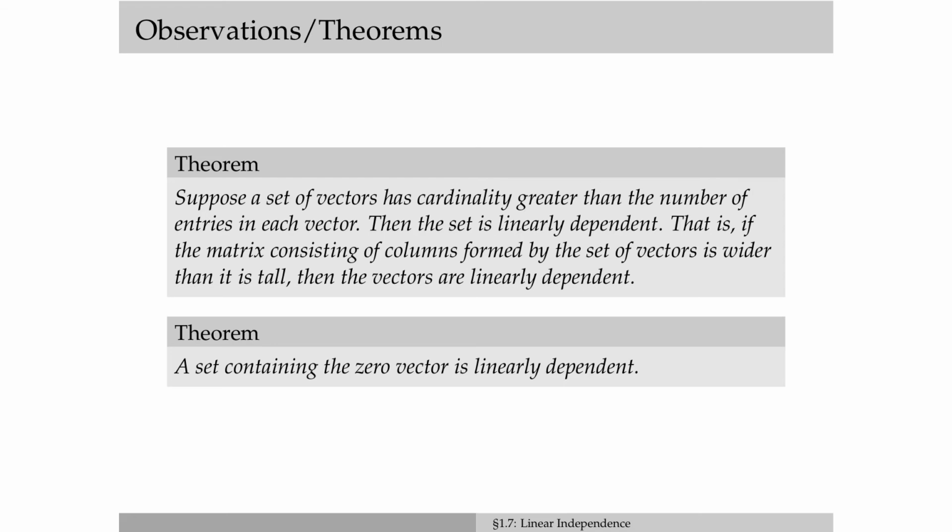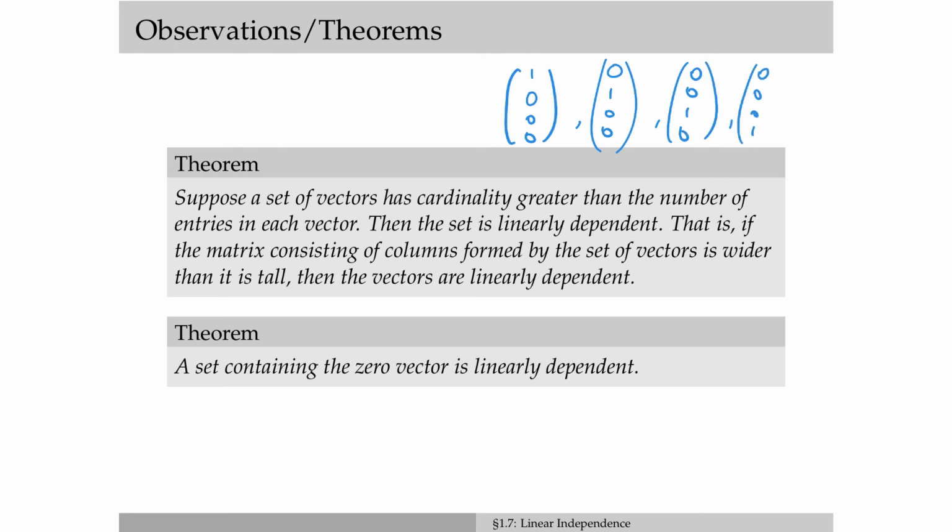Okay, suppose a set of vectors has cardinality greater than the number of entries in each vector. All right, so what I'm saying here is we have a collection of vectors like 1, 0, 0, 0. How many entries? It's 4 entries. 0, 1, 0, 0, 0, 0, 1, 0, 0, 0, 0, 1.